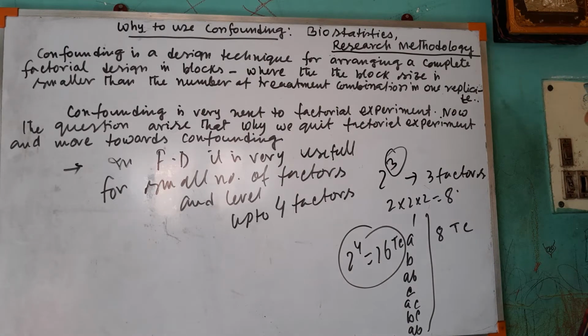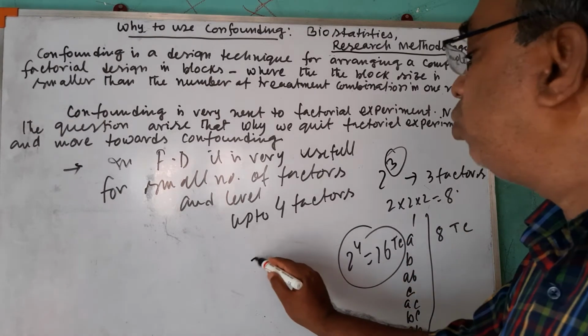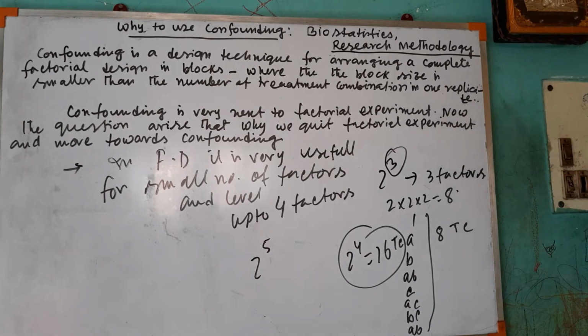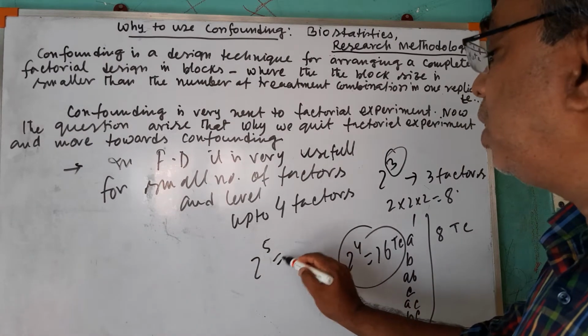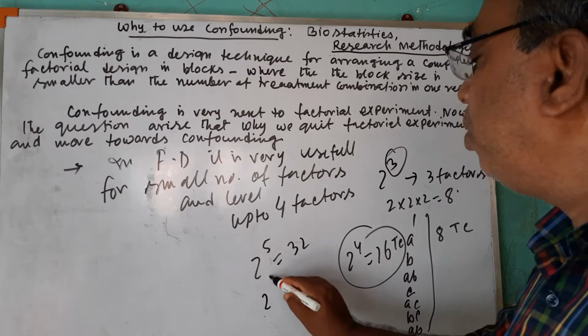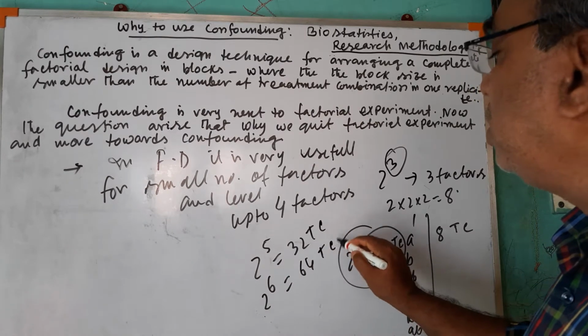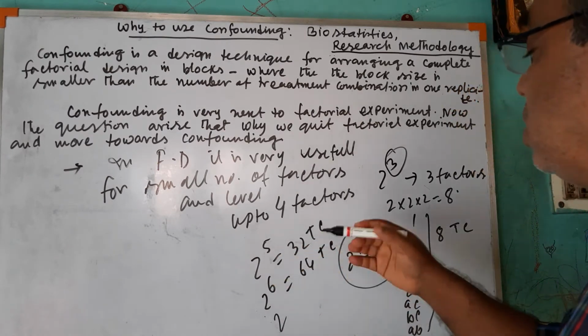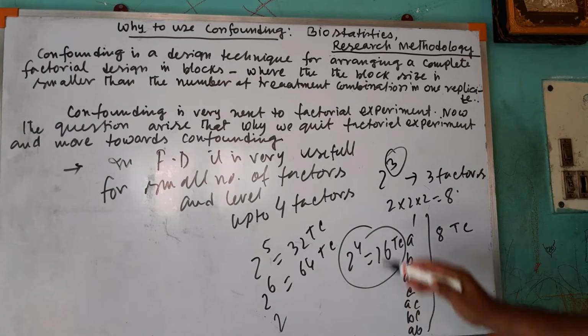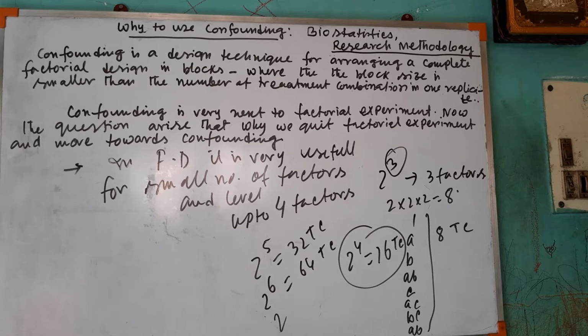Now if the factors are more than 4, say 5 factors, 2 to the power 5, that means 32 treatment combinations. 2 to the power 6, that means 6 factors, gives 64 treatment combinations. For 2 to the power 7 and beyond, more than 4 factors, the factors increase rapidly, and the treatment combinations and levels also increase.